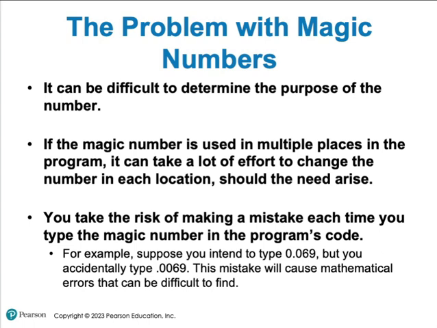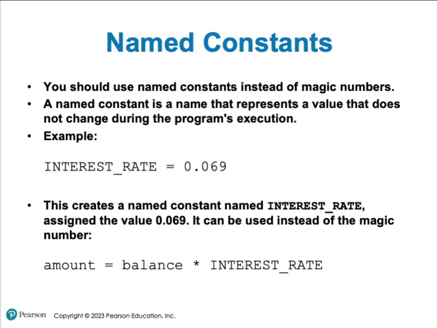The way you solve some of these problems that you might have with magic numbers is something called named constants. So I have something called interest rate, and it is set to 0.069, oftentimes done in all capitals.